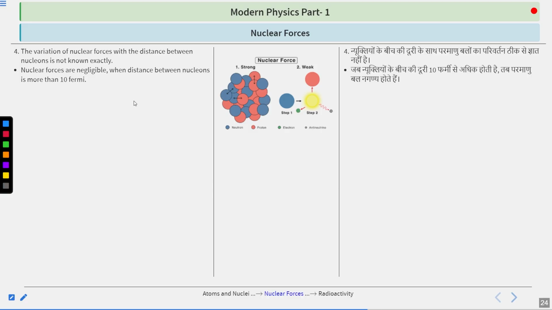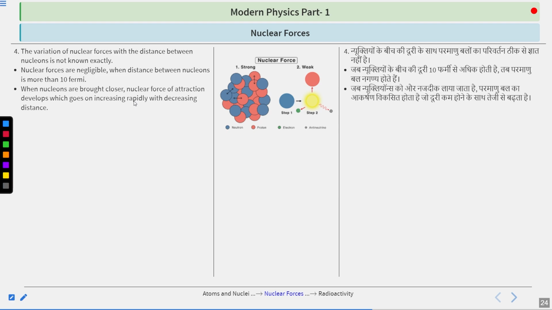Nuclear forces are negligible when the distance between nucleons is more than 10 Fermi. So we can say that these are short range forces only. If the distance grows larger than 10 Fermi, these forces become ineffective or inoperative.